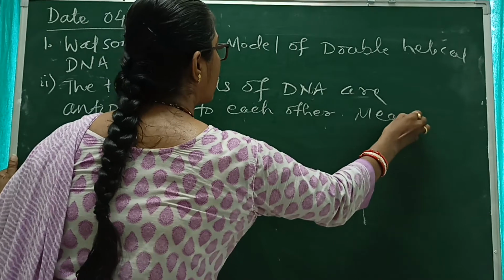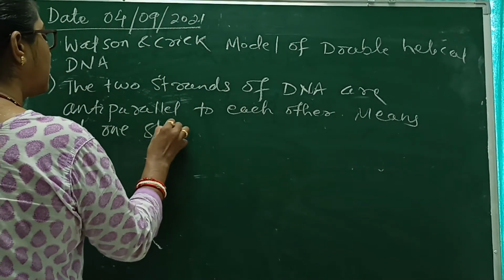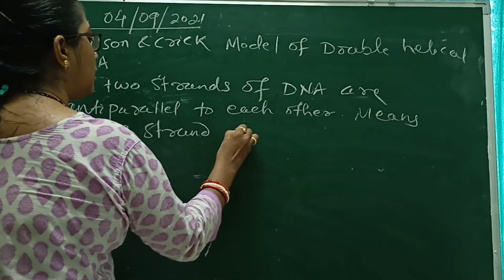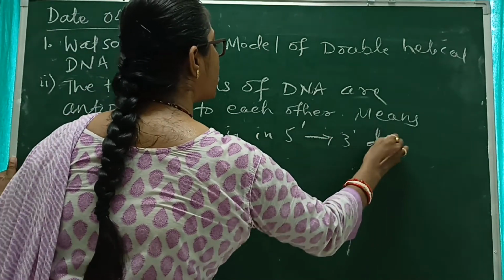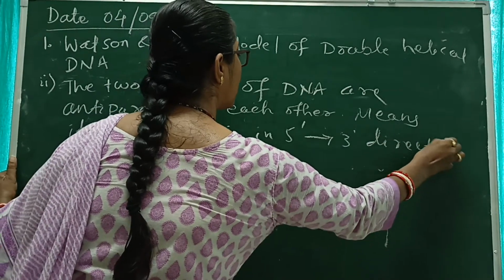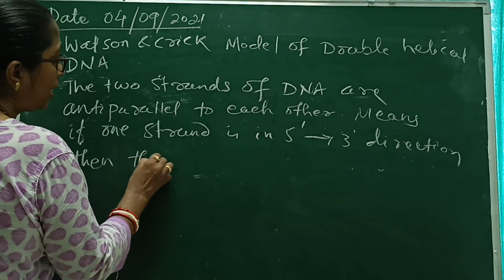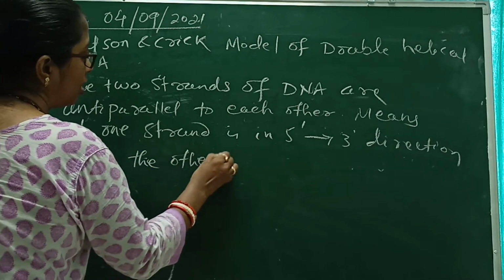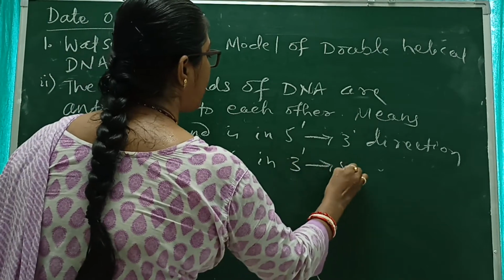Means if one strand is in the 5' to 3' direction, then the other is in the 3' to 5' direction.